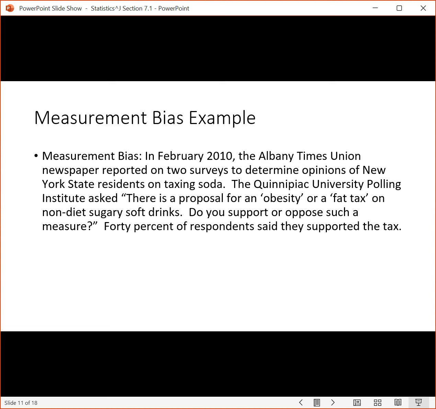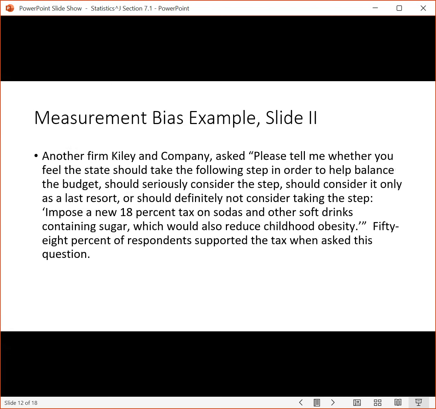The Quinnipiac University Polling Institute asked, there is a proposal for an obesity or a fat tax on non-diet sugary soft drinks. Do you support or oppose such a measure? All right, so that was the survey. They asked people, and the results they got were that 40% of respondents said that they supported the tax. All right, so with that language.